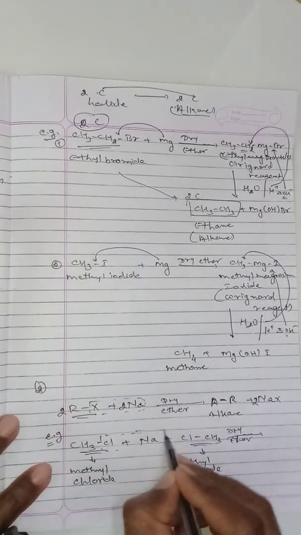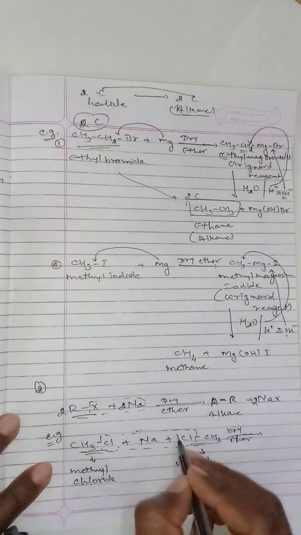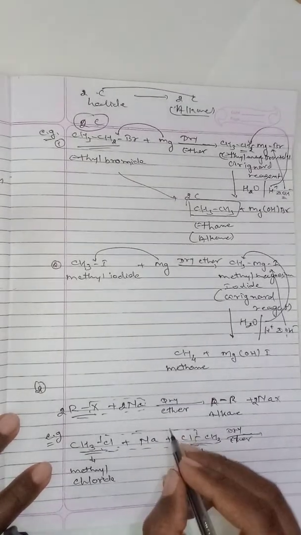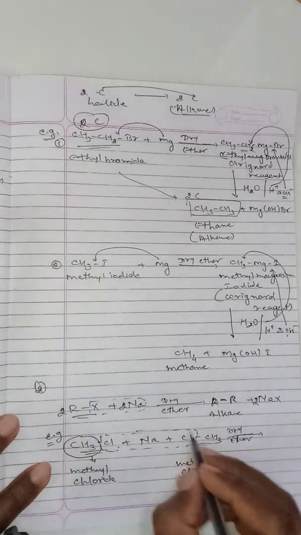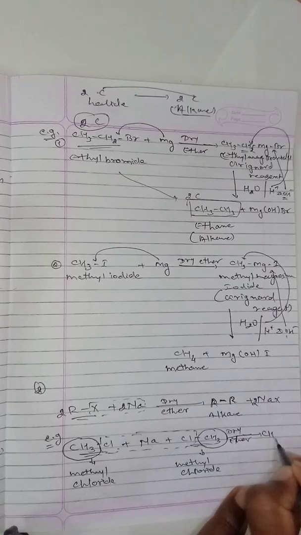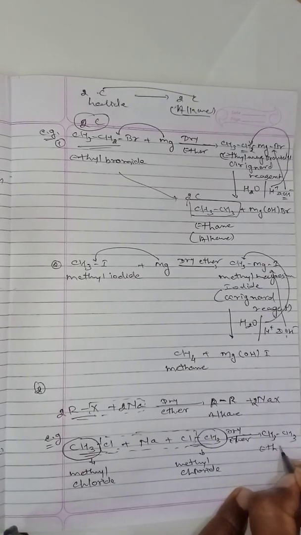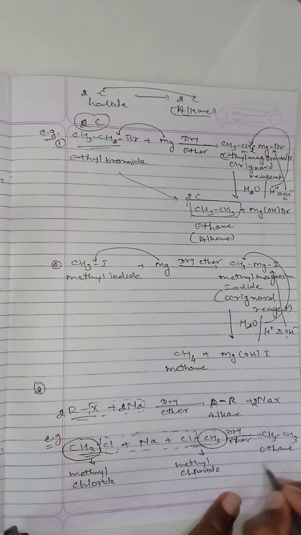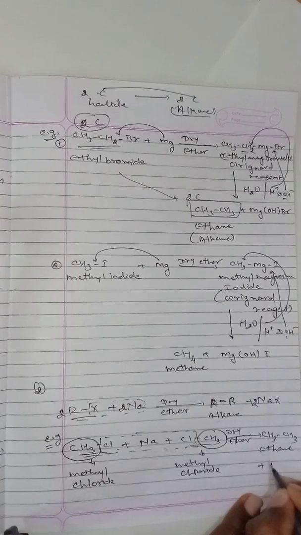This chlorine is attached with sodium metal, and these two methyl groups are attached with each other, CH3CH3. It is called ethane plus another product that will be NaCl.